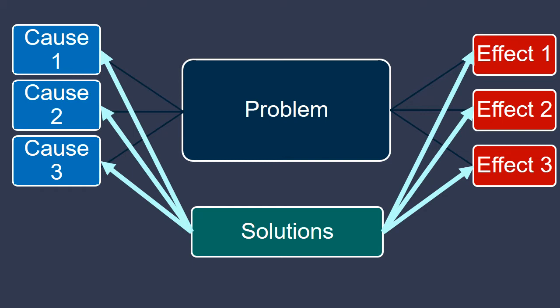Your paper should briefly explain the problem, describe its negative effects, explain the causes, and then the majority of your paper should focus on proposing different solutions. And it should be evaluating whether the solutions are good at addressing effects or causes or both.